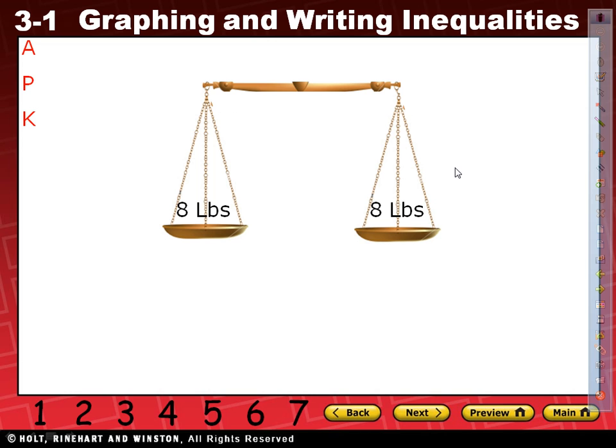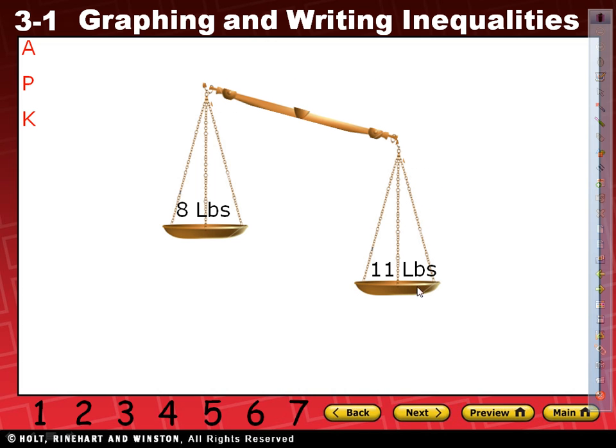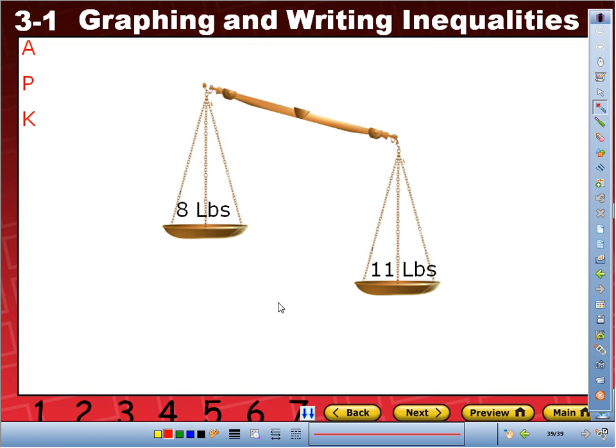That's why I want you to think in regards to the scale. Don't think about the Pac-Man. Don't think about the alligator, because that's what got you confused in regards to where it is pointing. That's why I want you to think about using the scale. So now check this out. What if I add weight to this side? Which side is heavier? The 11. So if I compare these two, the 8 and the 11, this was originally there, but now it dropped to that position.